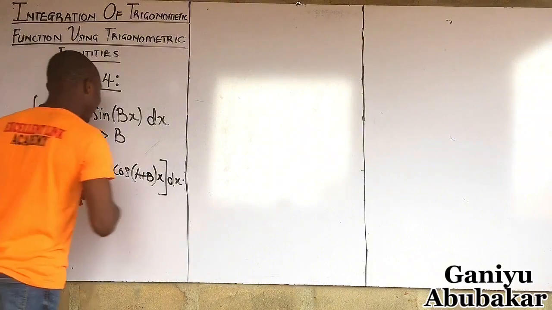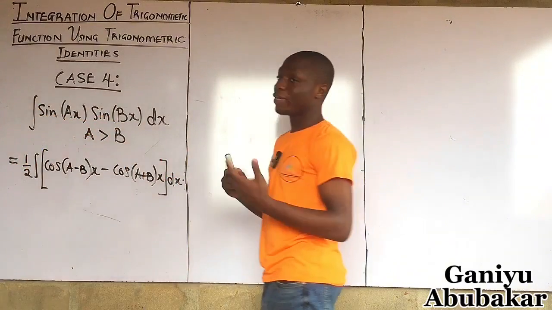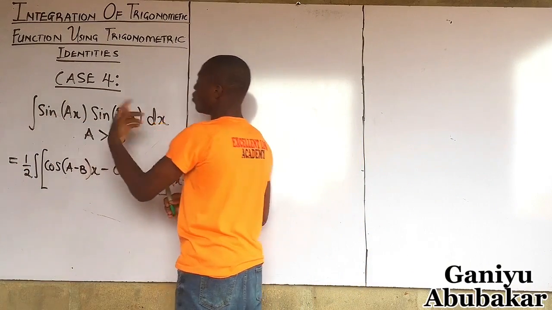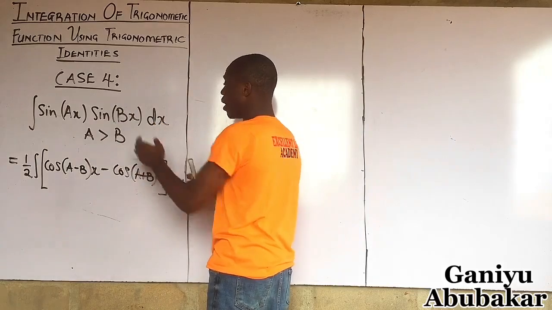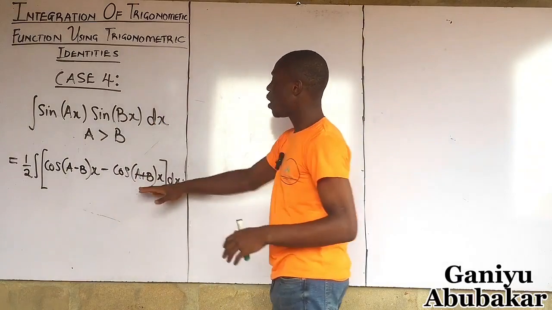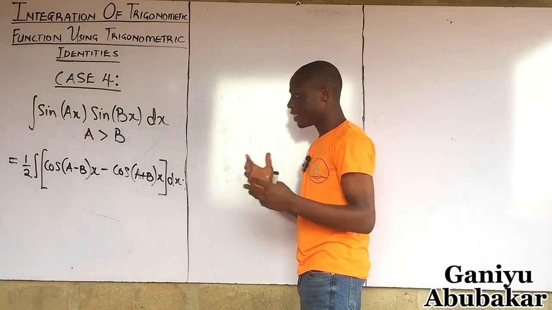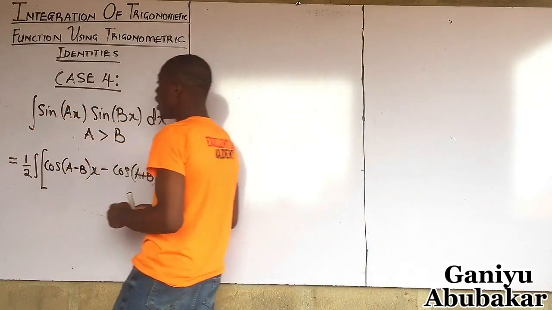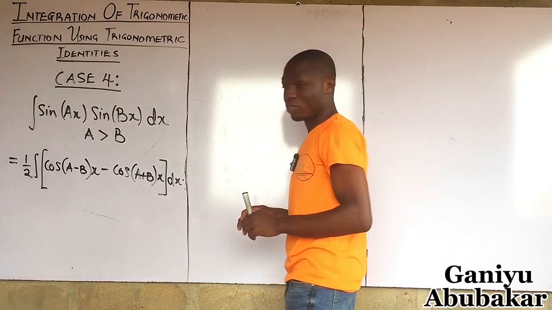So this becomes the mathematical expression when I have sine of something multiplying sine of another number with respect to x. This is how I express it mathematically. All right, let's use this concept to solve some examples and see how it works.